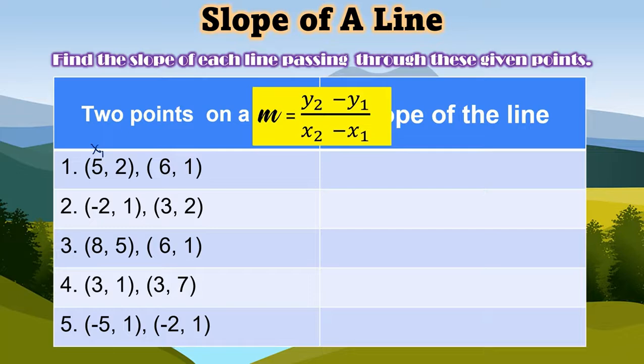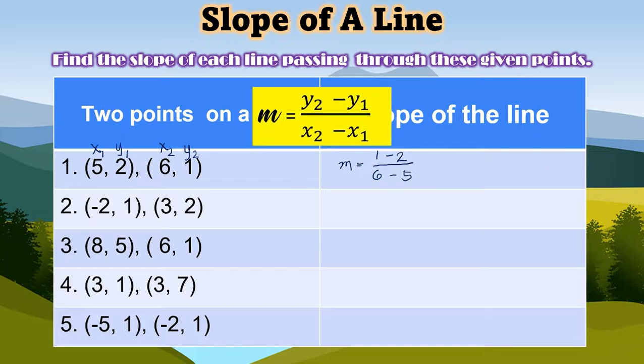For you to answer this very easily, label the coordinates as x sub 1, x sub 2, y sub 1, y sub 2. So for this one, let's say our x sub 1 is 5. So this must be our y sub 1. And then 6 is our x sub 2. So 1 is our y sub 2. So using the formula, we simply substitute the values. M equals our y sub 2 is 1, our y sub 1 is 2, our x sub 2 is 6 minus our x sub 1 is 5.